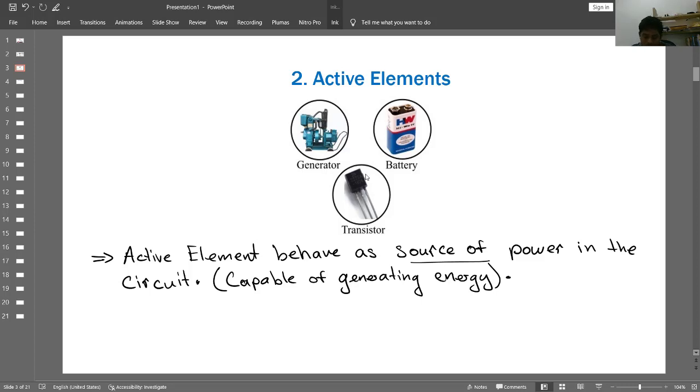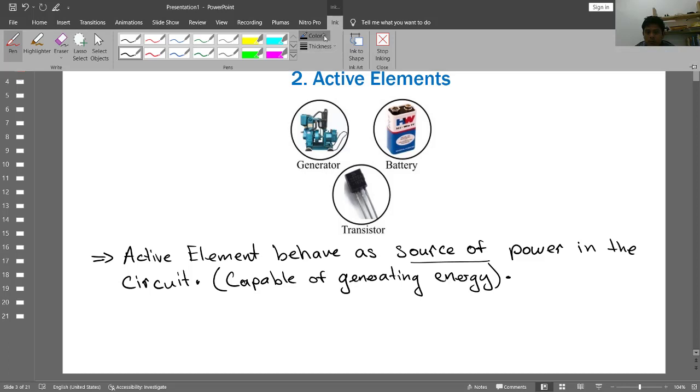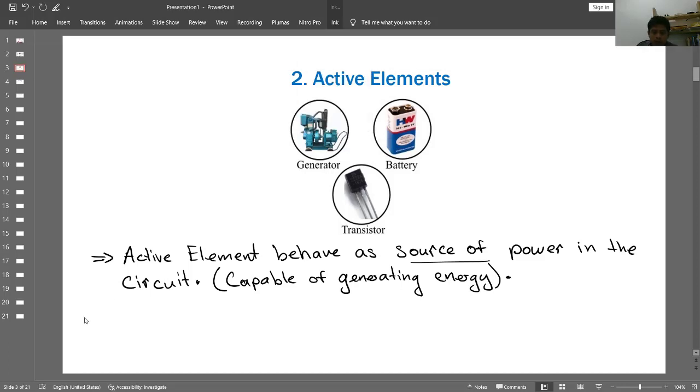And let me have here another note. The most important active elements are voltage or current sources that generally deliver power to the circuit connected to them. So there are two kinds of sources: the independent and the dependent sources, and we are going to be looking at those in another video. So let me just write some notes here.